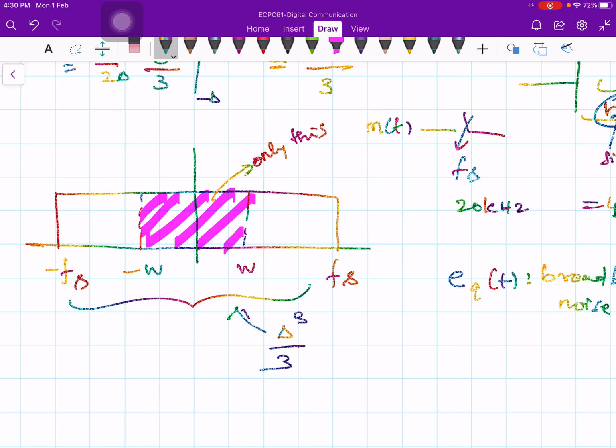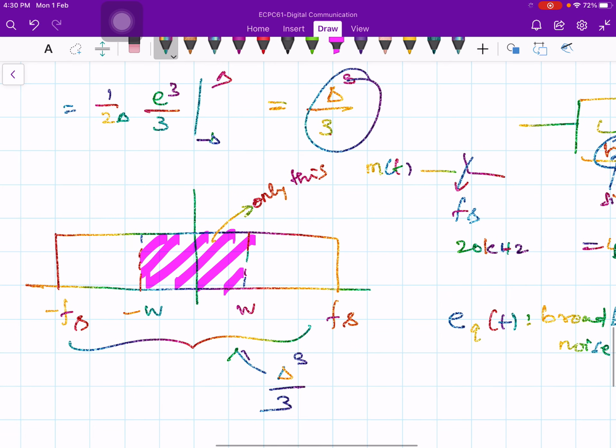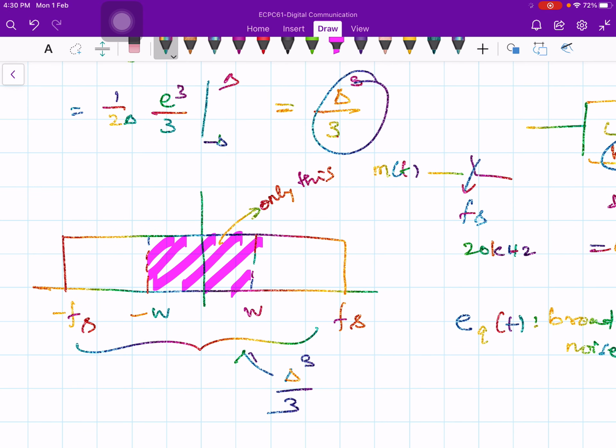In fact, experimentally it is observed, this is an experimental observation regarding the power spectrum of this noise, delta q by 3. That e suffix q of t has a fairly constant kind of power spectral density or power density function.